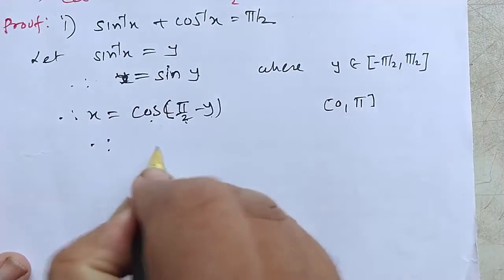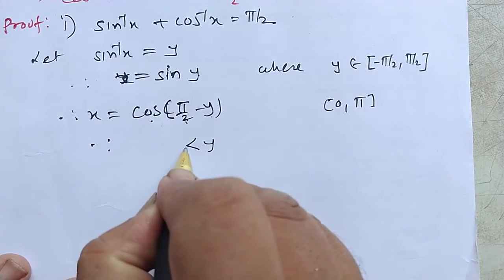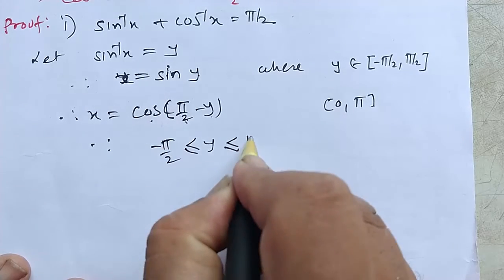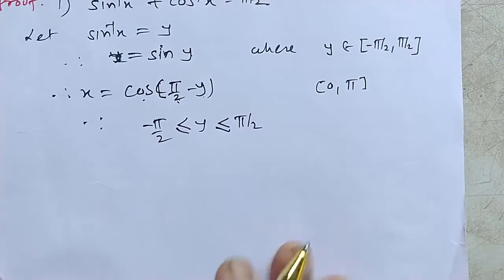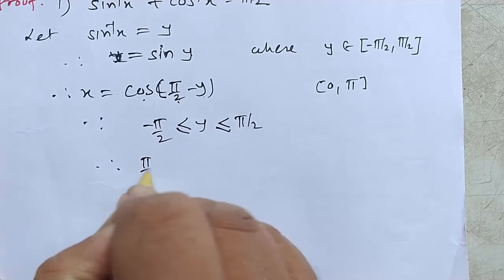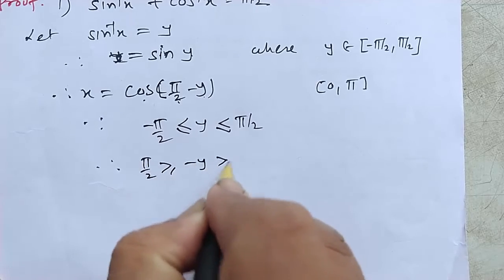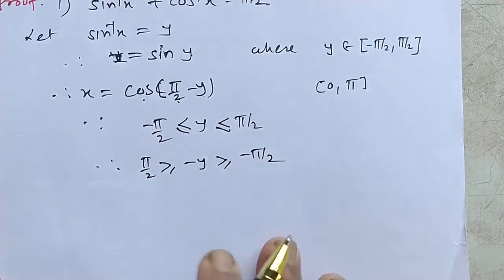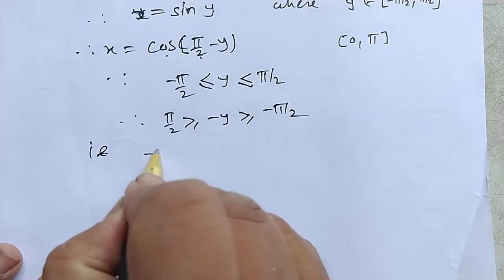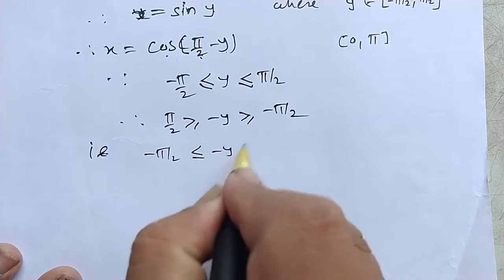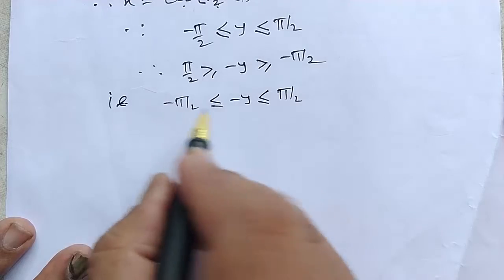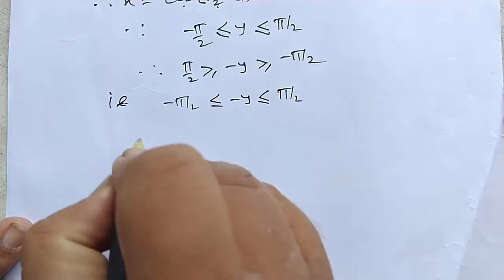Since y is greater than or equal to minus pi by 2 and less than or equal to pi by 2, multiplying by minus throughout, we get pi by 2 greater than or equal to minus y greater than or equal to minus pi by 2. That is, we change the order: minus pi by 2 less than or equal to minus y less than or equal to pi by 2. We add pi by 2 throughout.